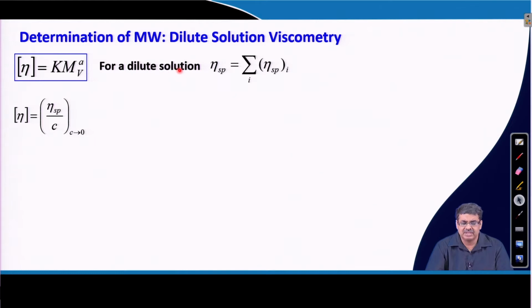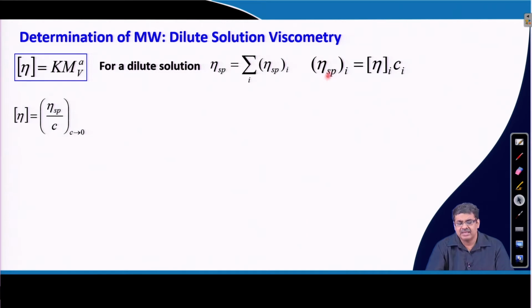For a dilute solution, we can assume that the specific viscosity of the solution can be obtained by adding up the specific viscosity of the individual polymer molecules in a polydispersed polymer sample.